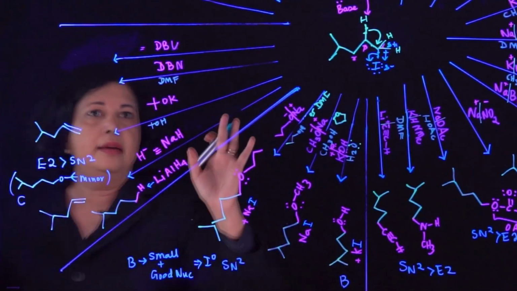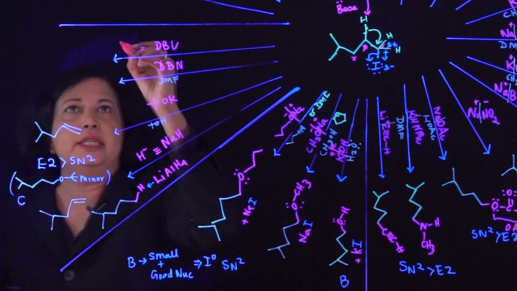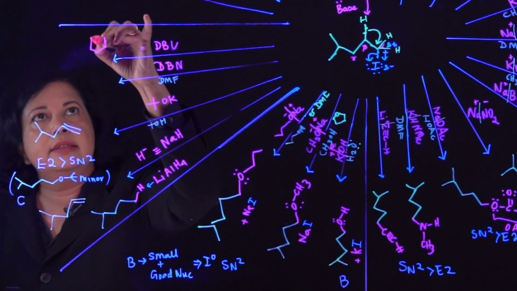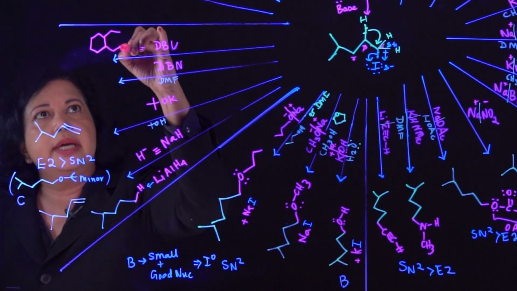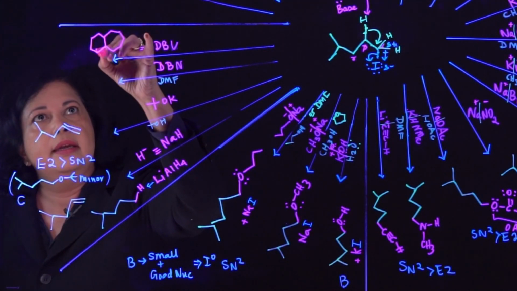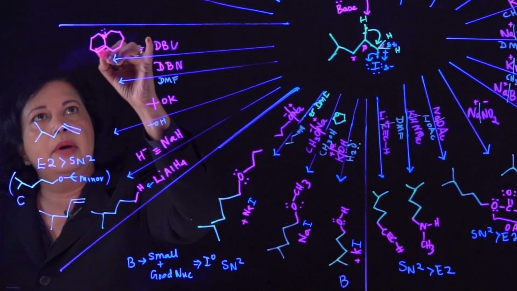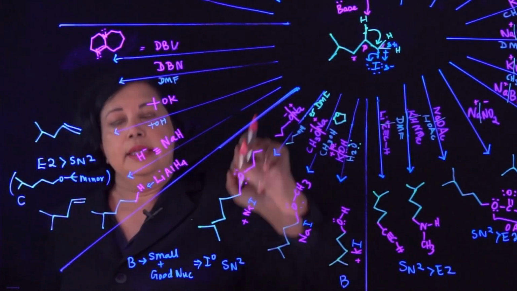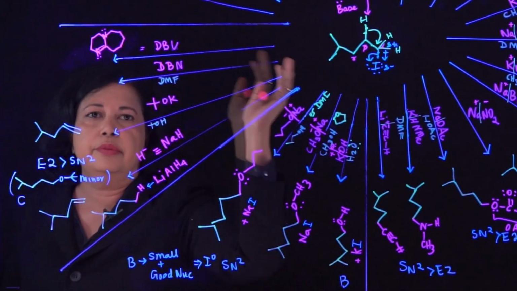DBU and DBN, if you look at the structure, you will understand why they cannot do an SN2. If you look at DBU, there is a nitrogen here, and then that lone pair comes down and kicks that pi bond, and that's going to do only an E2. If you attack with this to do an SN2, you're going to be stuck forever as a positive.